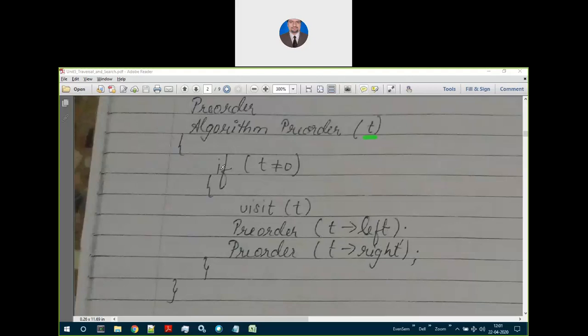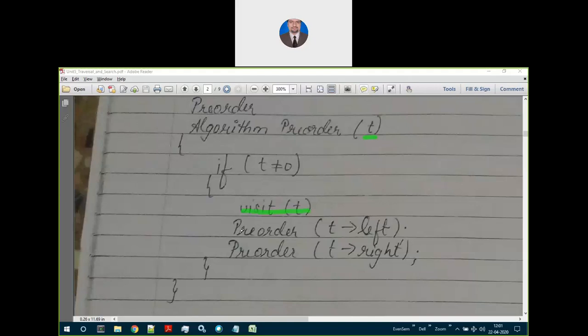What condition do we have? If T not equals 0, that means until there exists a node in that particular tree, I have to do this. Since it is pre-order, first visit the node itself.